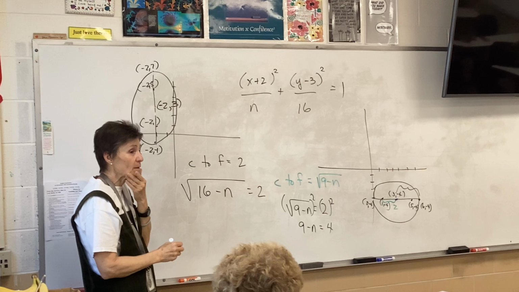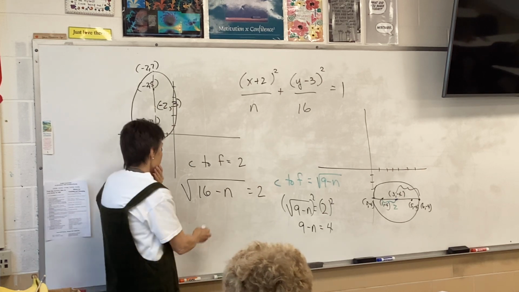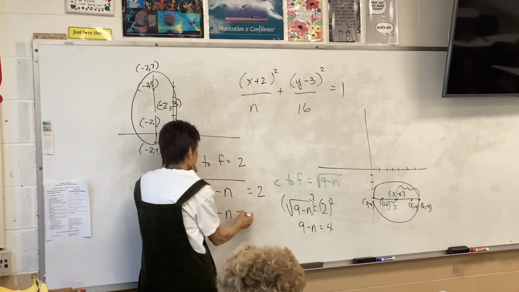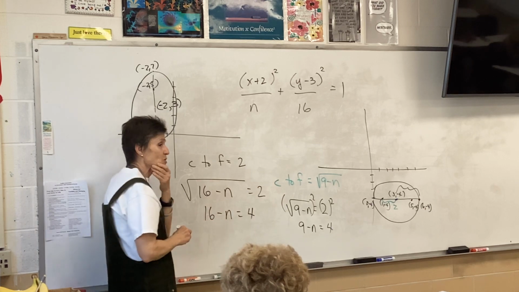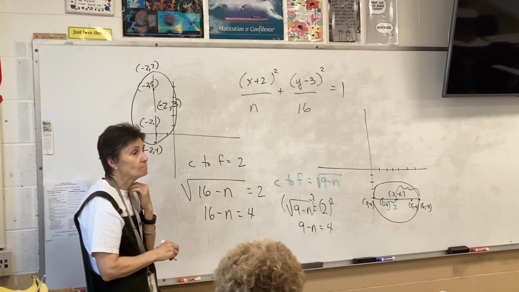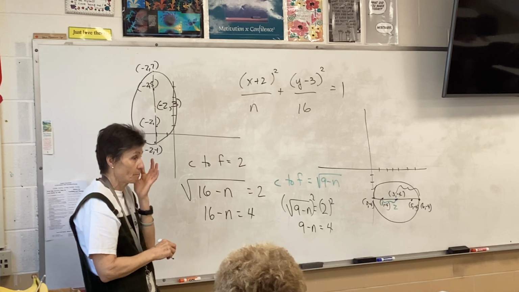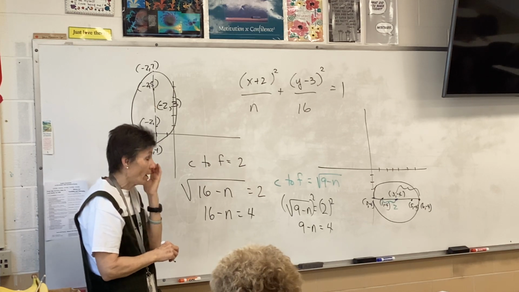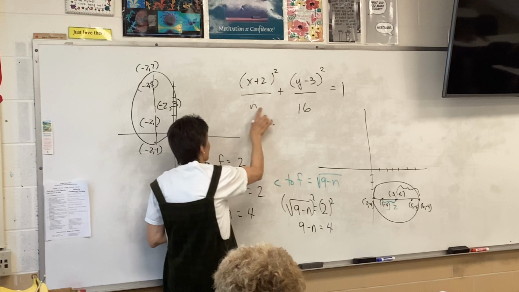This is hard, you gotta think backwards. Squaring both sides, 16 minus what is 4? 12. So this denominator is a 12.